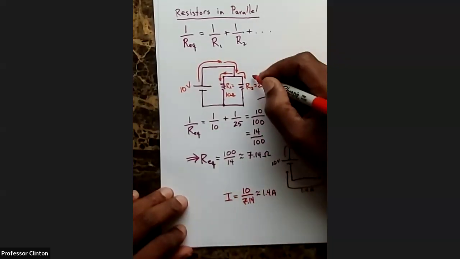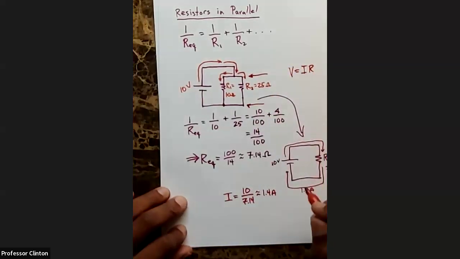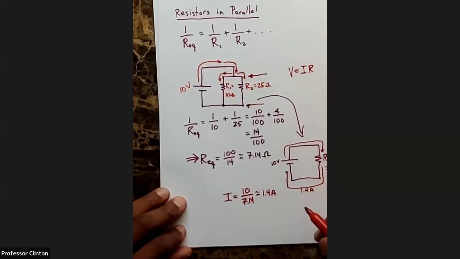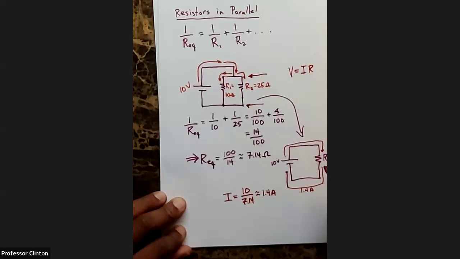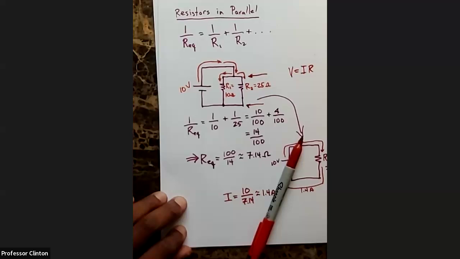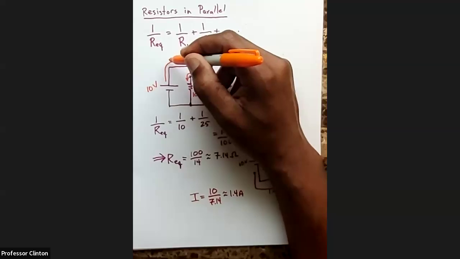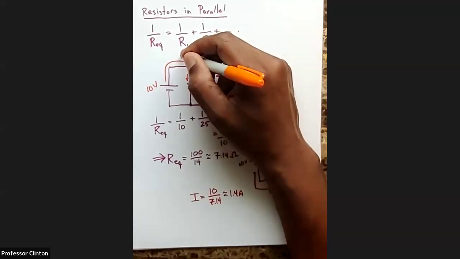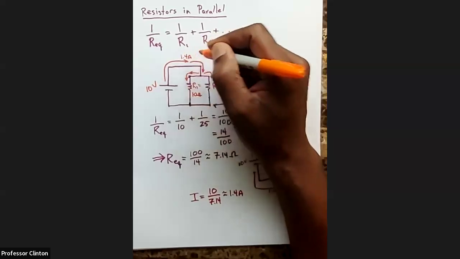So if we looked at the voltage drop across this area, just this piece right here, what we'll see is that through this area the current is going to be 1.4 amps.